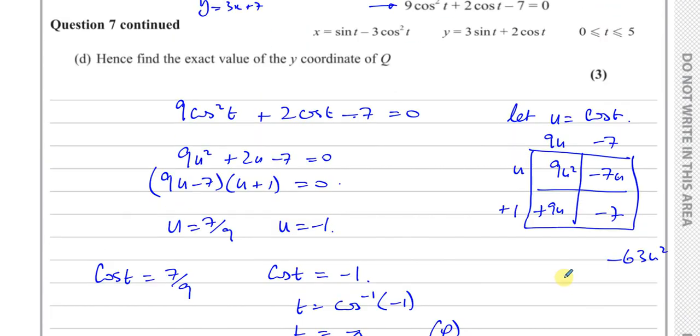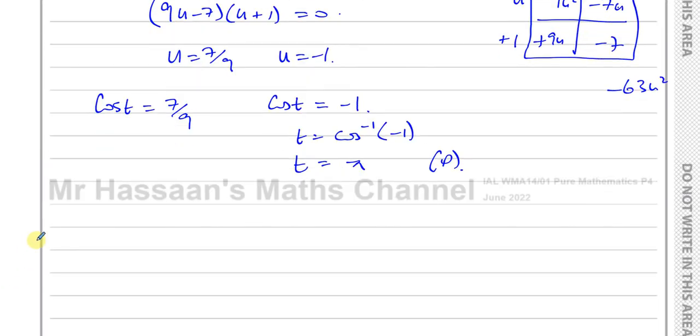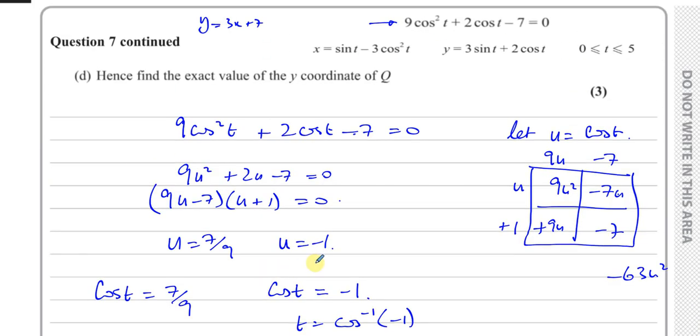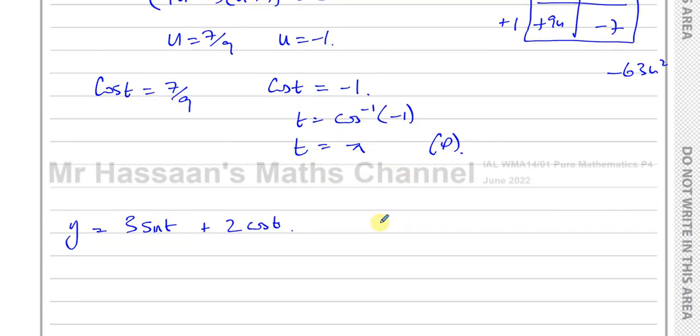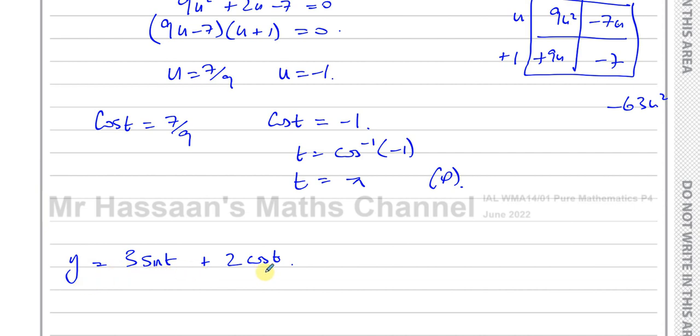So what I need is y. We know y is equal to, as they told us, 3 sine t plus 2 cosine t. Now, we know that cosine t is 7 over 9, so I can replace this with 7 over 9. That's no problem.